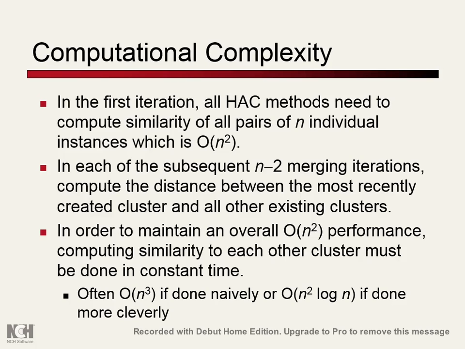Usually we take n to the third order, so it usually takes a lot of time if your n is very large. So I suggest don't use HAC if you are handling very big data, when the data number is really huge. The order is n to the third. That's very big.